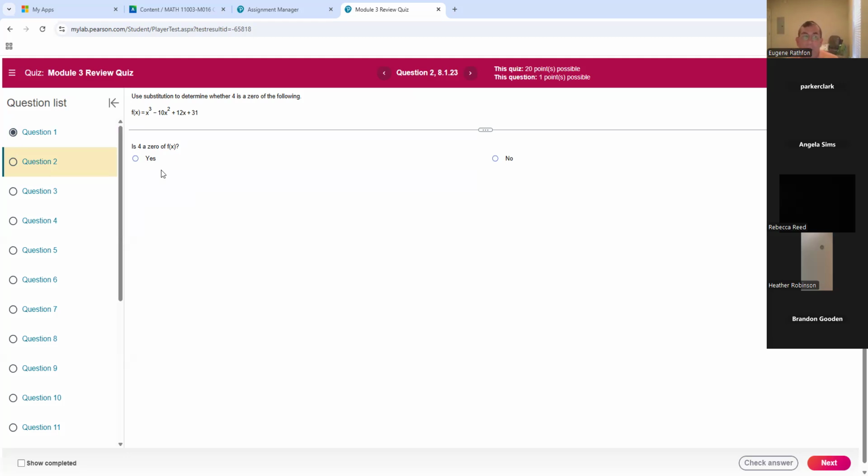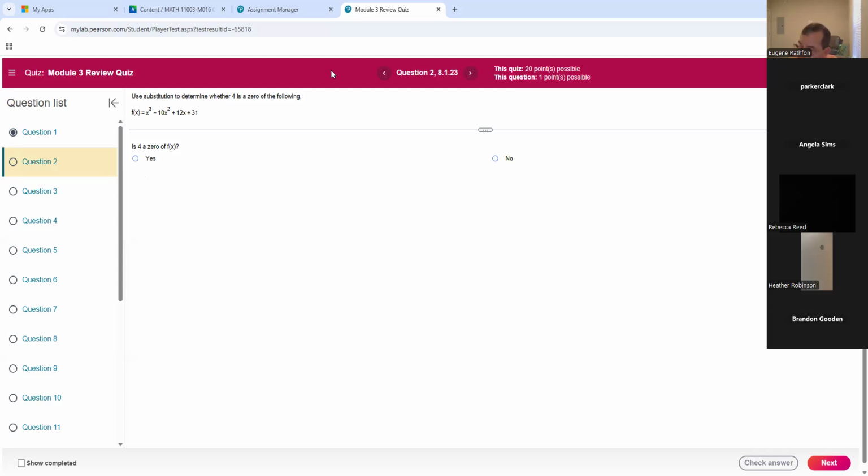So if 4 is a zero, that means you're going to plug 4 in for all those x's and simplify it. If it's a zero, then the answer better be 0. If you get any other number than 0, then that means no, it's not a zero of that function, okay?